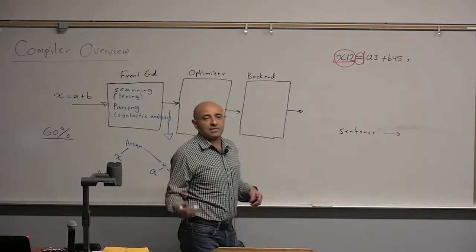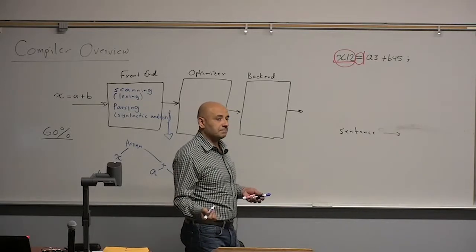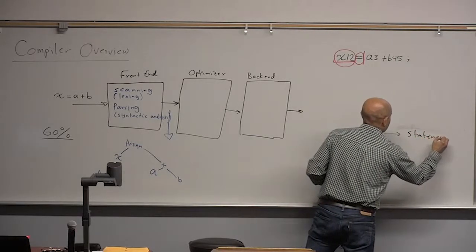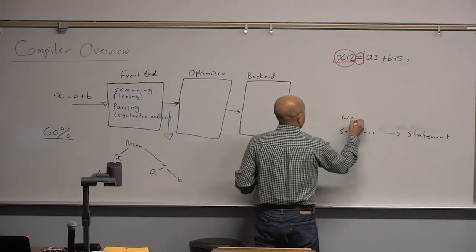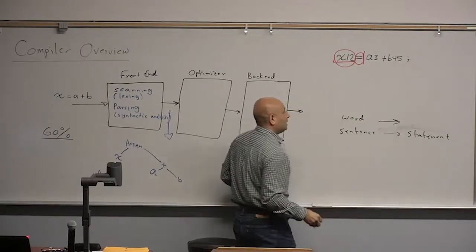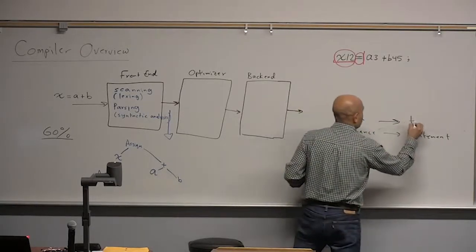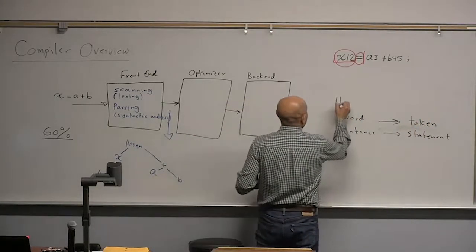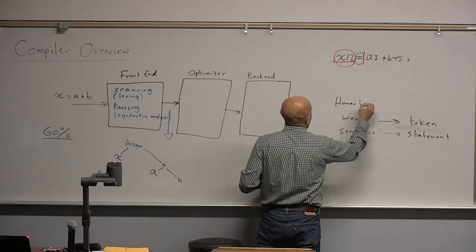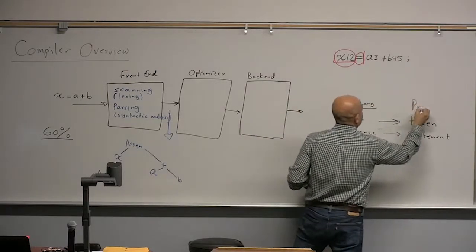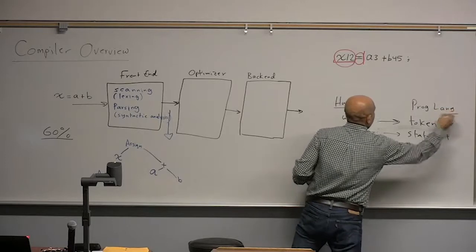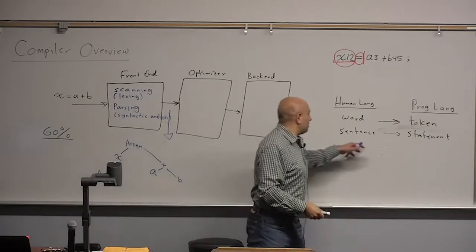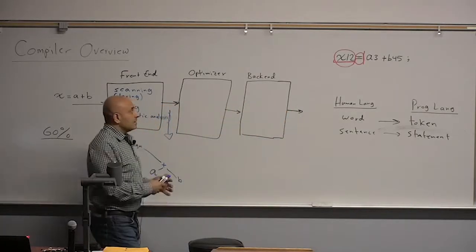The equivalent of this in a programming language is what? Statement. Statement, yeah. And the equivalent of the word is the token or lexeme. So this is human language. This is programming language. So the tokens can be viewed as words, and statements can be viewed as sentences.